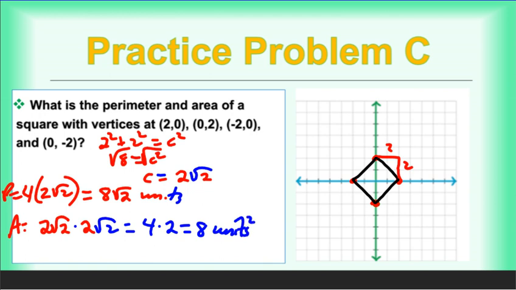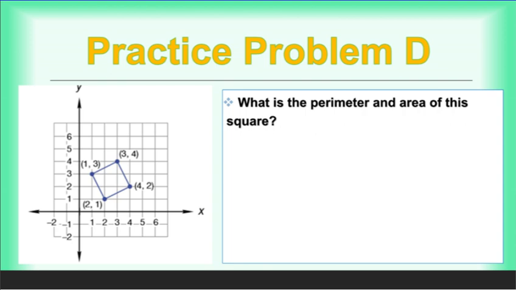And our last one, what is the perimeter and area of this square? So again, let's find the side length. So it goes 1, 2, up 1. So 2 squared plus 1 squared equals c squared. 4 plus 1 gives us c squared. So we have 5 equals c squared.